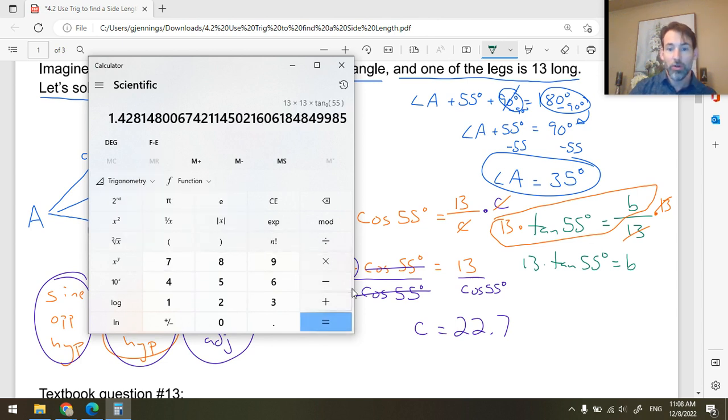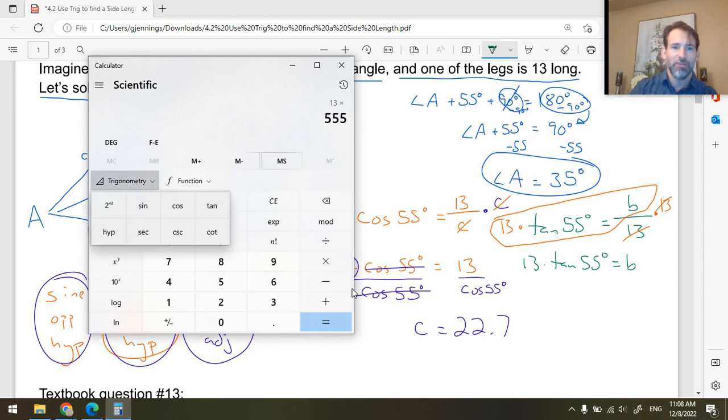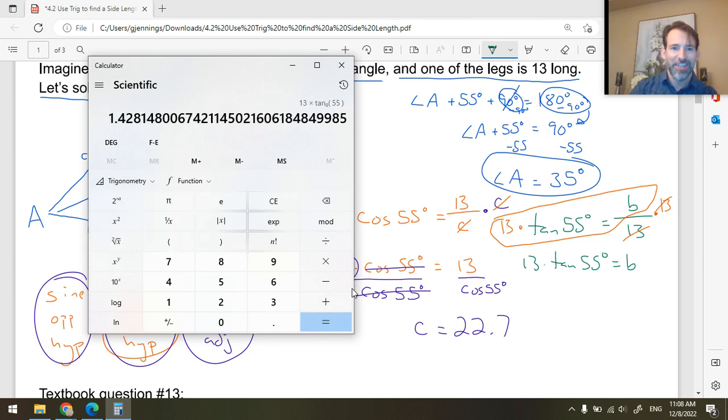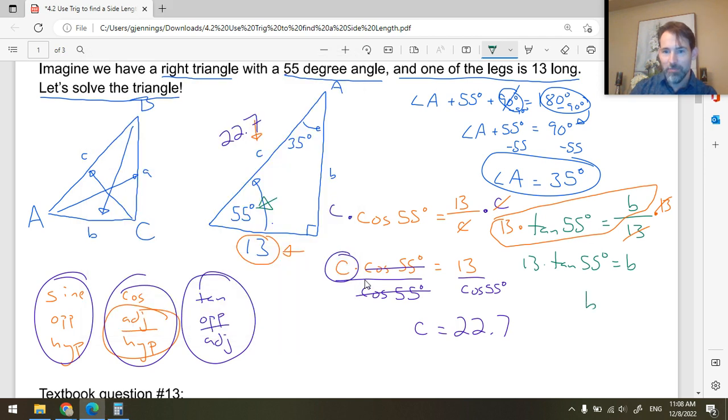You'll have to learn what order you put these things in your calculator. Oh, what's going on with me today? There, 55, but I take the tangent of it, is 18.6. Okay, so b equals 18.6.